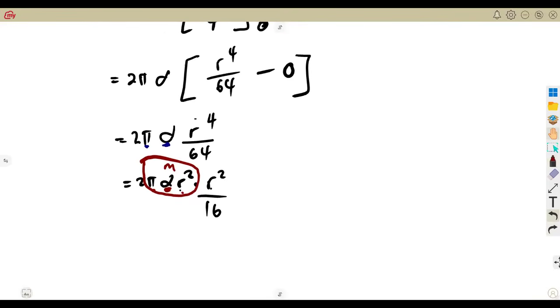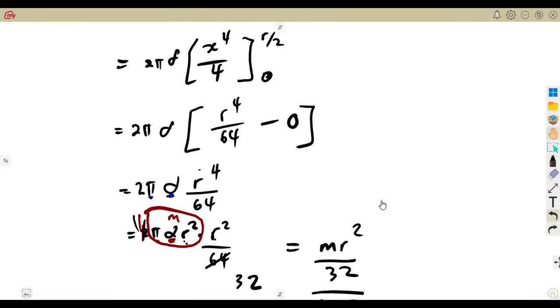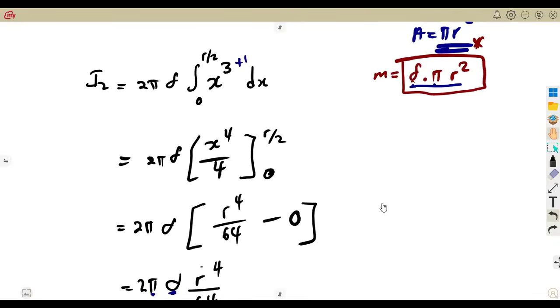The 2 and the 64 can also reduce: 2 into 2 is 1, 2 into 64 is 32. So at the end, remember, we have removed it in terms of the mass, so it's mass r squared over 32. You can write your answer like this. That's how it can be.